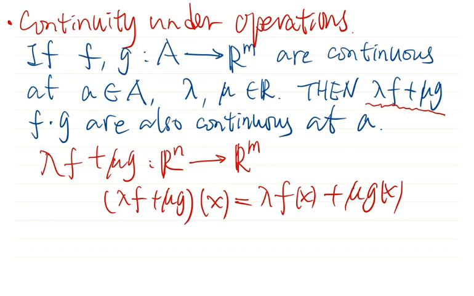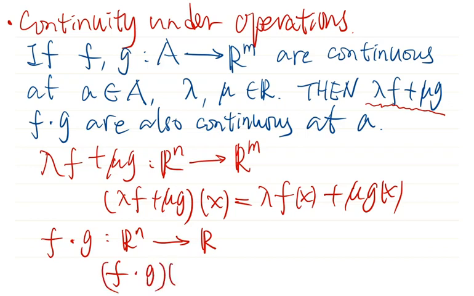So this makes sense. Well, f dot g is also a new function defined on Rn, but this function takes real values. (f dot g)(x) is the scalar product of f(x) and g(x).